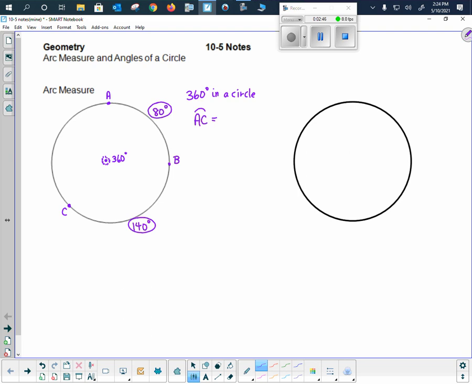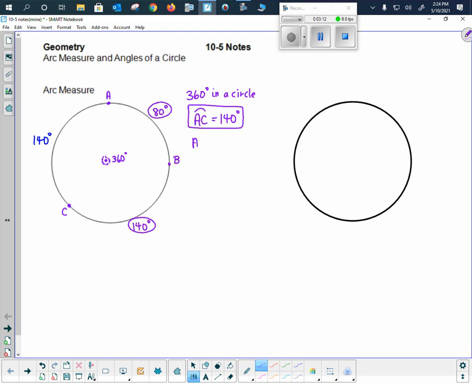So I'm just going to take 360 and subtract the 140 and the 80. Okay, and I'll put that into my picture. So if I do 360 minus 140 and 80, I'll get another 140 degrees. Okay, so we just answered that. Arc AC is 140 degrees. If you rotated from A to C or C to A, you would rotate 140 degrees.